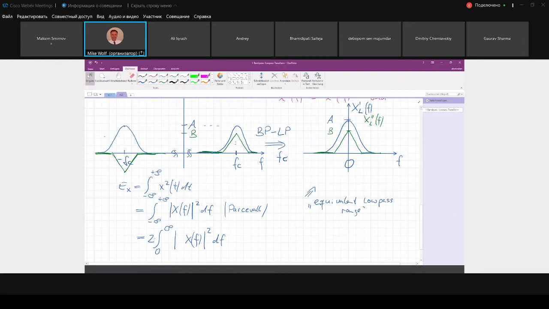Yeah? But we want to ensure that the center frequency of this spectrum is, let's say, 0 or a different frequency which is very low, which enables us to obtain the time domain signals quite easily. So we don't want to have this oscillating characteristic in the time domain signal. This is what we want to achieve.